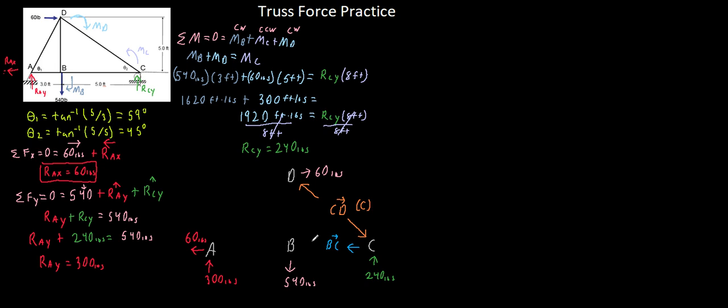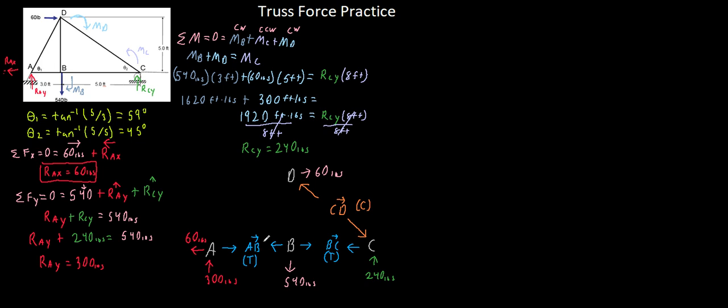If it's being pulled to the left here, it has to be pulled to the right at joint B. And if it's being pulled inward, we can assume that member BC is under tension. And if joint B is being pulled to the right at BC, it has to be pulled to the left somewhere else. And the only other place it can be pulled to the left is at member AB. And so we can say AB is under tension as well, because it has to be pulled inward in both directions to cancel itself out within the member itself.